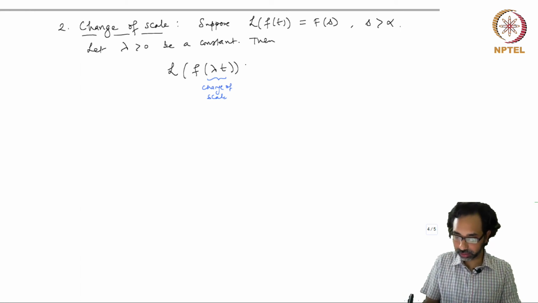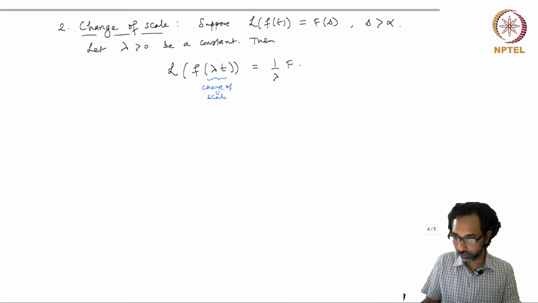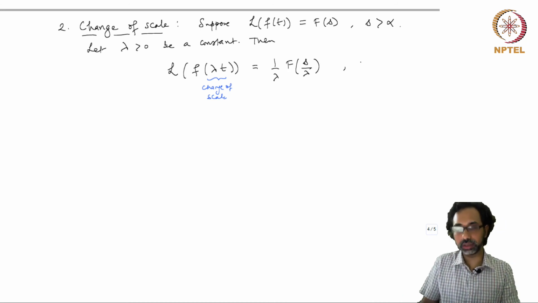So now this is given by 1 over lambda F of s over lambda, and the region of convergence for this function is given by s greater than alpha lambda.